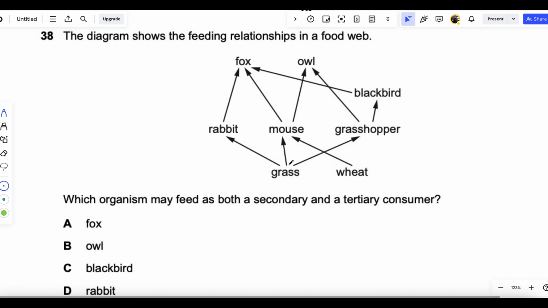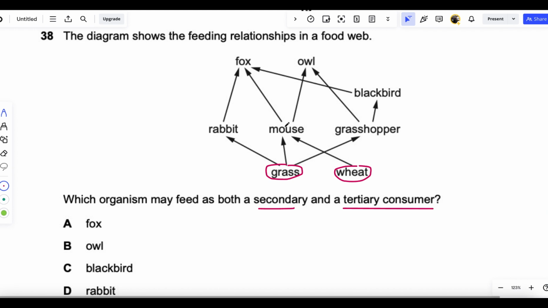These are the producers, the grass. These are primary consumers, right? These can be secondary consumers. And which other one can act as both secondary and tertiary consumer?